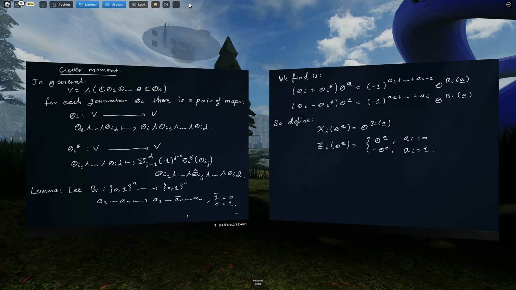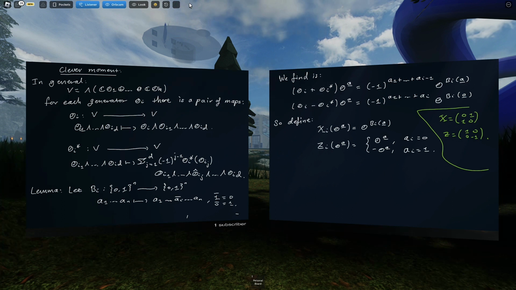So think about these as the X and Z operators that I wrote earlier. Cool. So we have rediscovered these matrices that were involved in error correction, but from the perspective of exterior algebras.